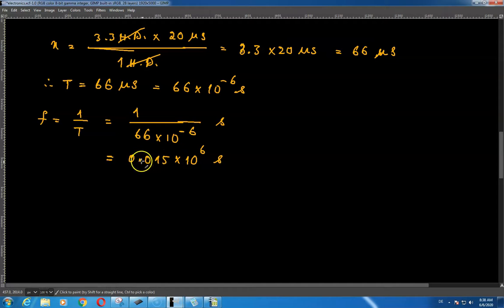I can write this as 15 times 10 raised to the power negative 3 times 10 raised to the power 6, and of course this would be in hertz, right?